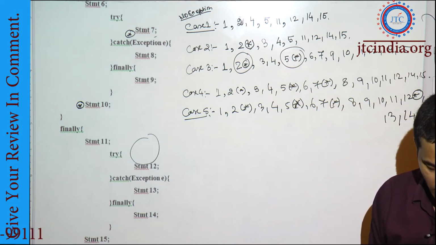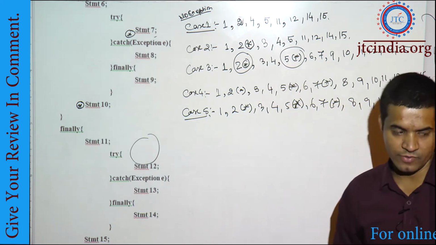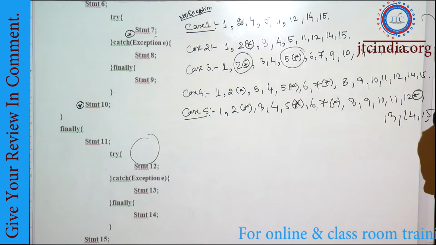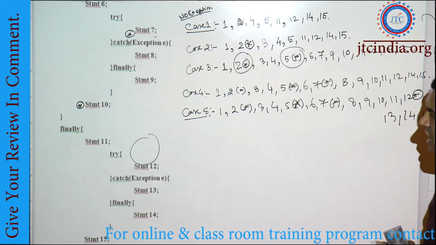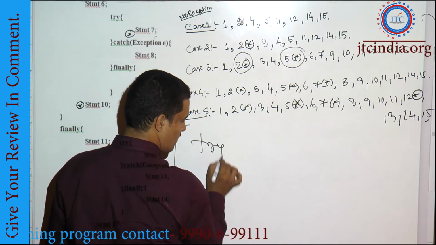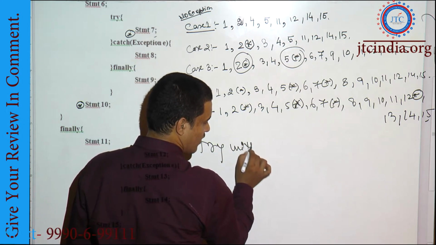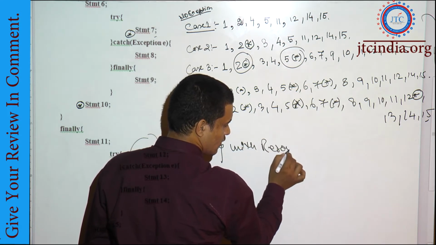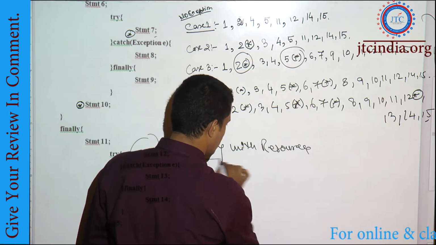Now, associated with this finally block itself, there is one more thing: try with resource. What is that now? Try with resource.